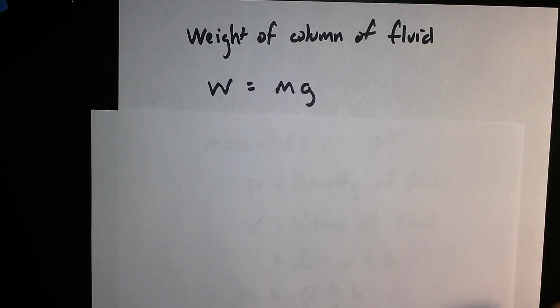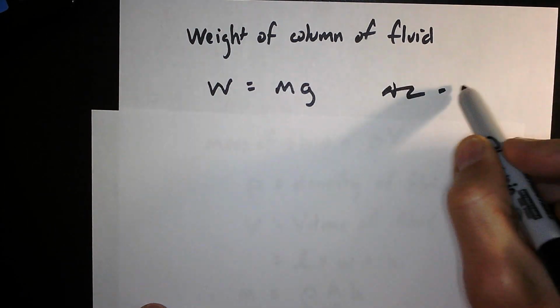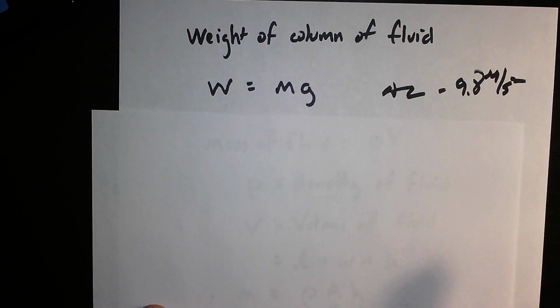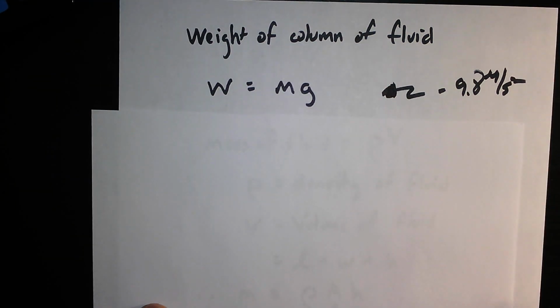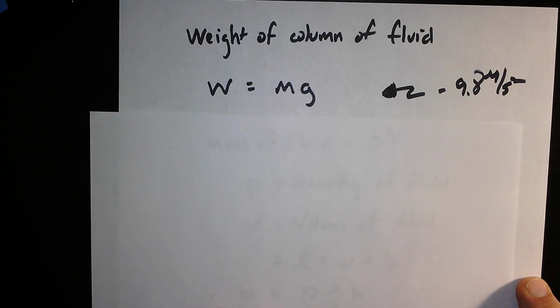Weight is mass times the acceleration due to the force of gravity, and so we know that as negative 9.8 meters per second squared. And remember, that's an acceleration due to the force of gravity. Force of gravity is pulling down on the objects and tends to cause all objects to accelerate with that rate.